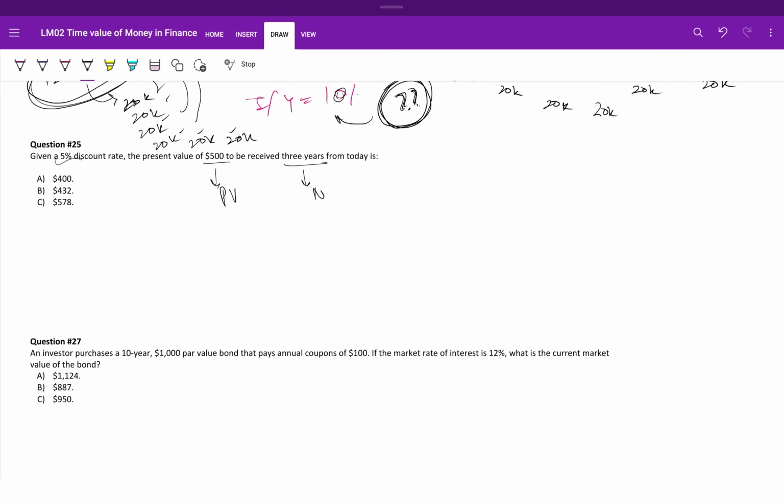Discount rate I/Y. So PMT is going to be 0. Present value is going to be this. So future value, we plug in all these numbers in our calculator and we will be able to calculate our present value.